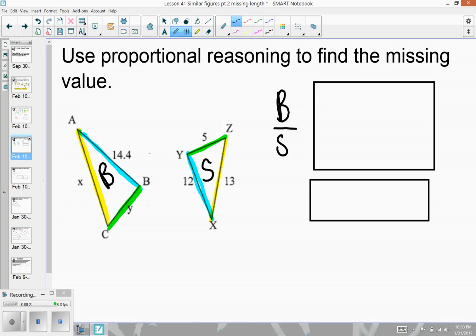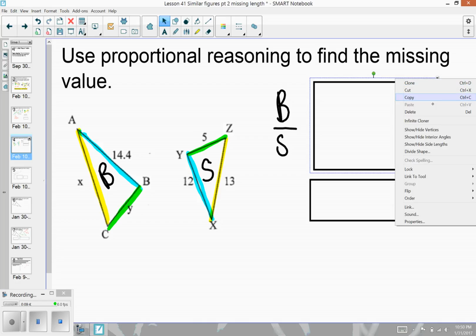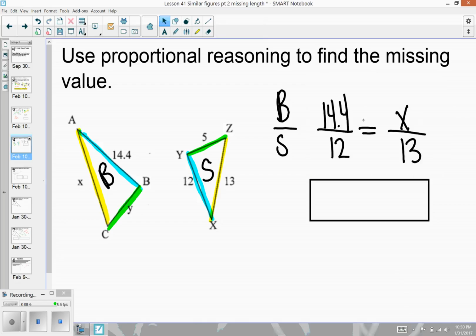Now we want to set up our proportion. Start with the ratio that you know, and the second ratio would be the one that you're trying to find. Then we have a few options here. I set it up to be 14.4 corresponds with 12, and X corresponds with 13.